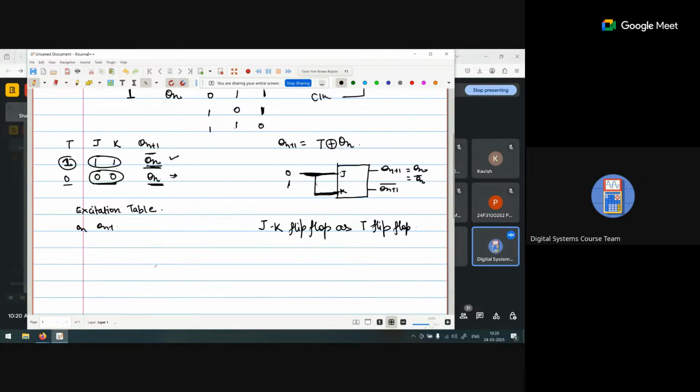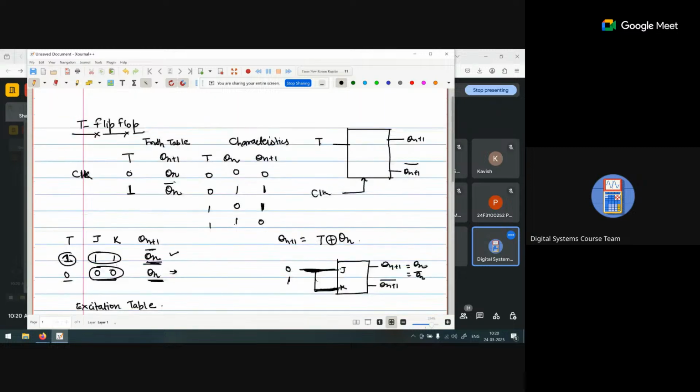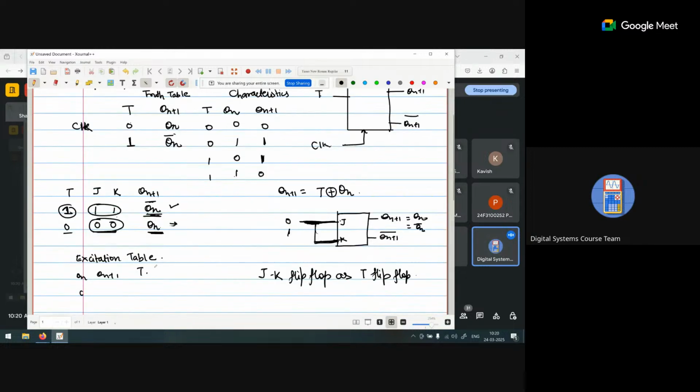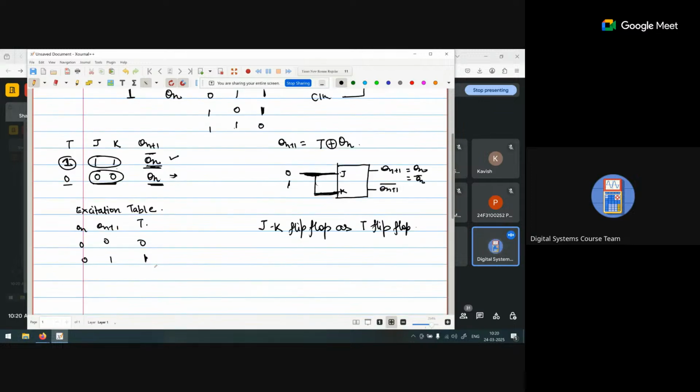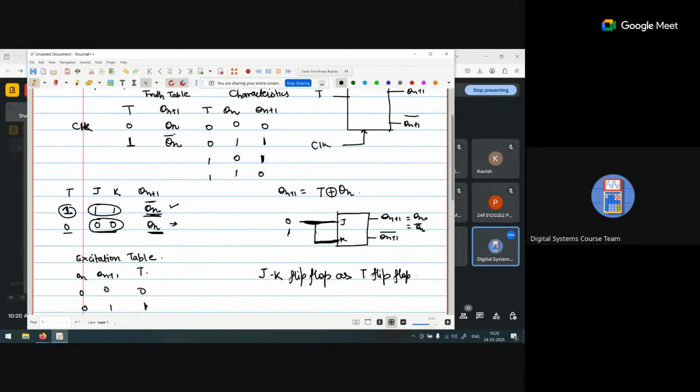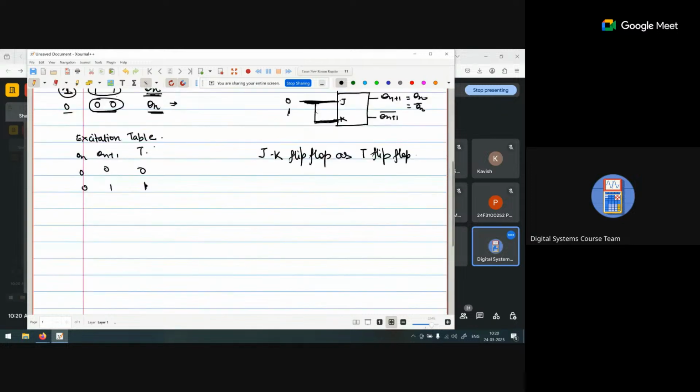Here we have Q n and Q n plus 1, and what is T? When both are 0 0, T is 0. When they are 0 1, T is 1. When they are 1 0, T is 1. And when they are 1 1, T is 0.